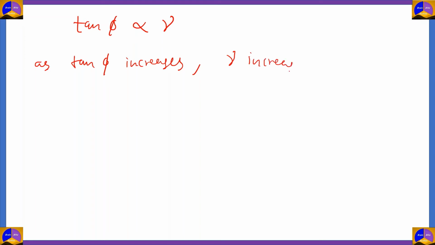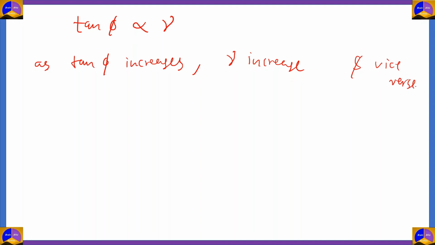So now notice that tan phi is directly proportional to the frequency of the LR circuit. So as tan phi increases, the value of frequency also increases, and vice versa.